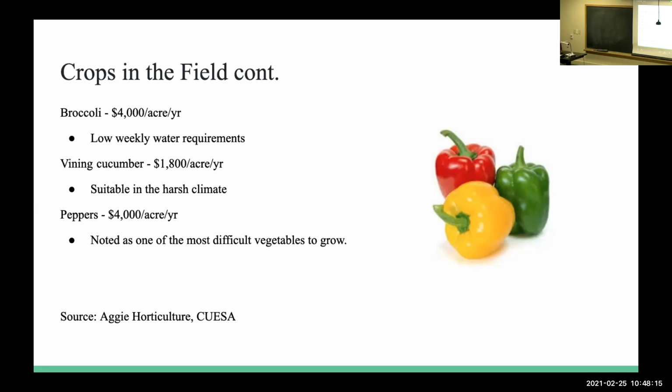Is it because of temperature, pests, or water? So I'm really wanting to see more quantitative terms instead of low weekly water requirements, which is a qualitative statement. Weekly water requirements is 1.5 inches per acre per week, something like that. Something with a quantitative answer.